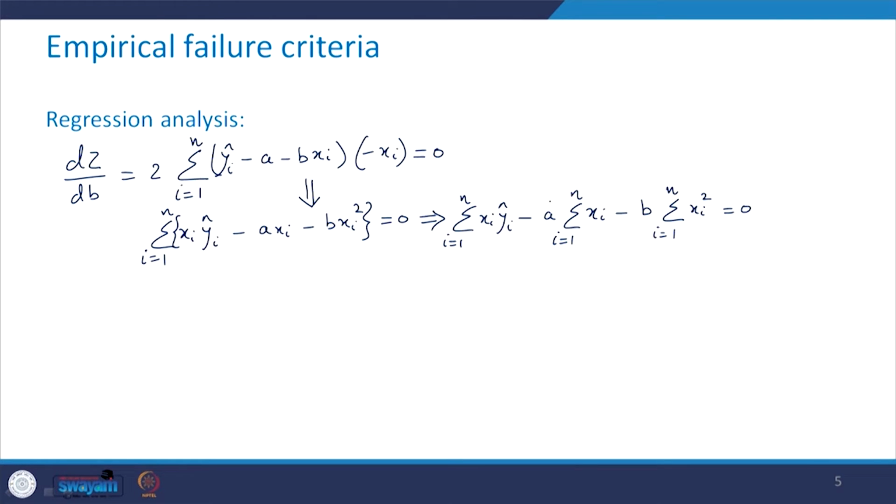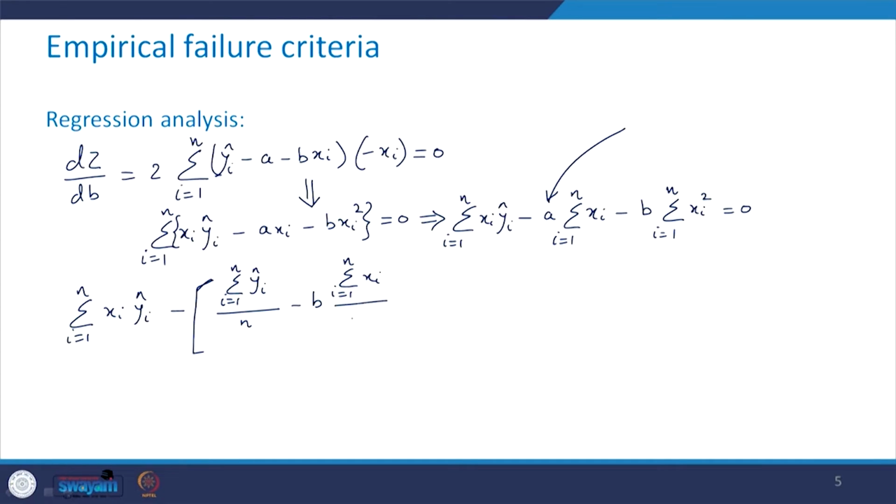Now we know the expression for this a, we just obtained. So I would like to substitute it here before we go for the further simplification. So take a look, this is going to be summation i equal to 1 to n xi yi cap minus, I have this bracket, summation i equal to 1 to n yi cap divided by n minus b times summation i equal to 1 to n xi divided by n.